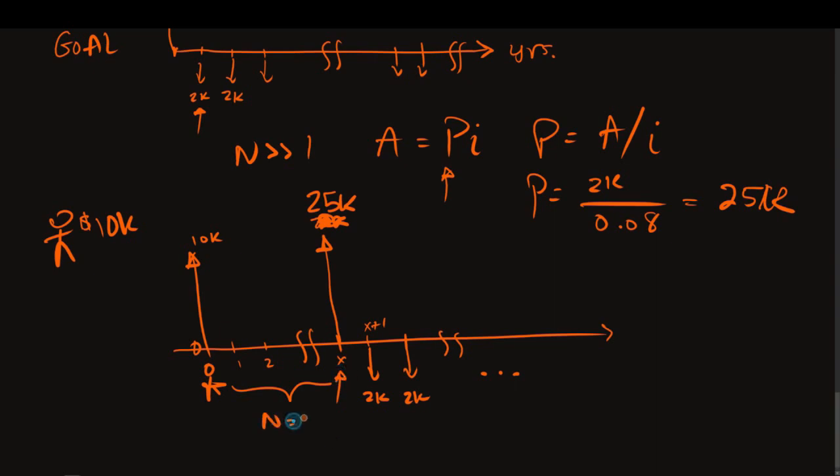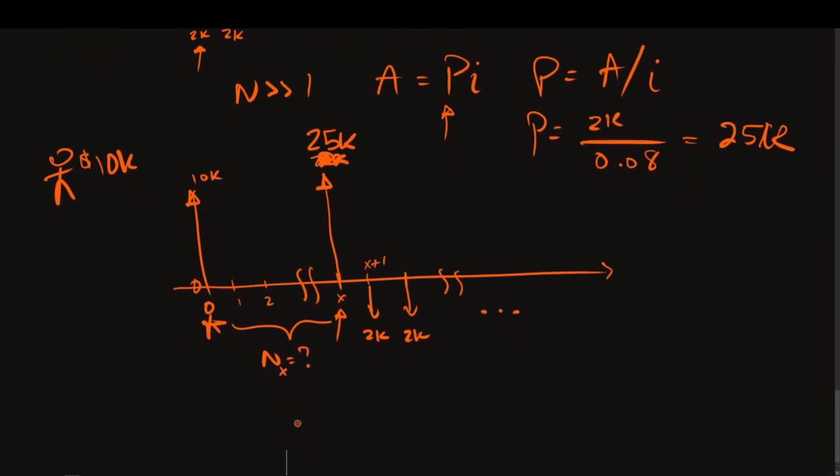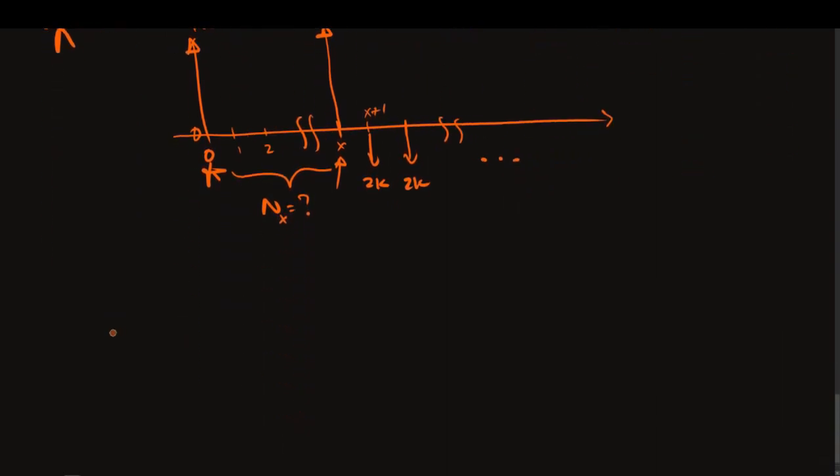So I'm going to look for n equals what? N X equals what? So how do we figure that part out? Well, I know that in the future, I want 25K. Right now, in the present, I have 10K.